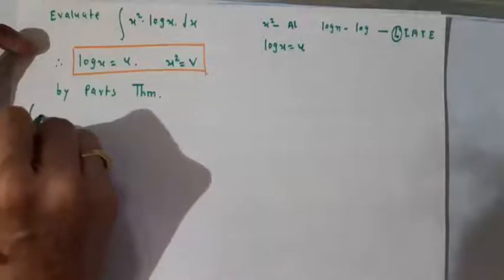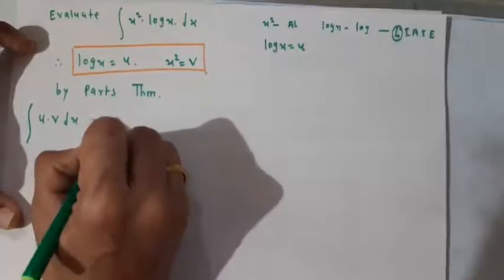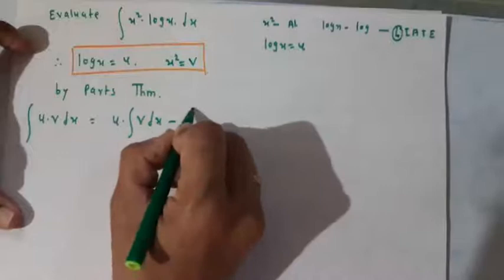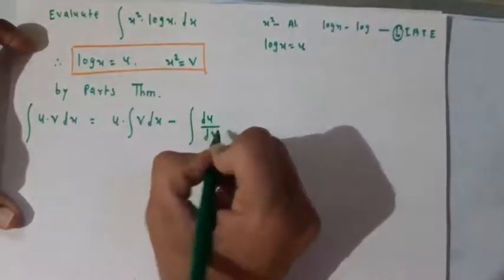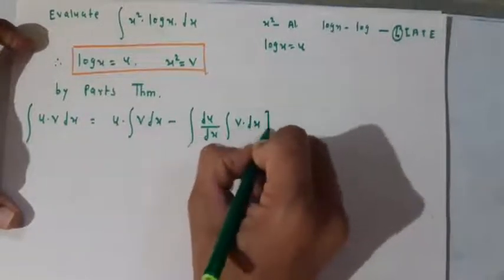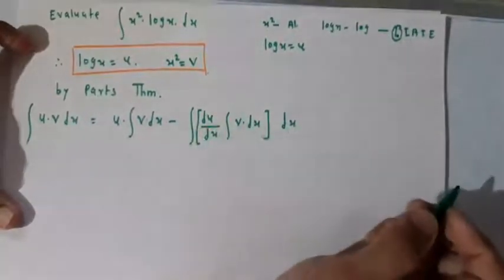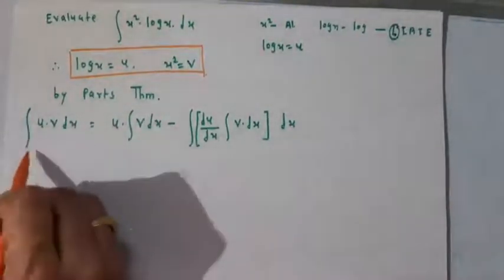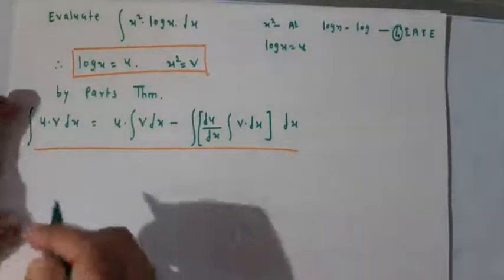The theorem is that integration of u into v with respect to x is u as a constant, integration of v with respect to x, minus integration of differentiation of u with respect to x into integration of v with respect to x, and again whatever is the calculation, take its whole integration in this way. This is the by-parts theorem. So apply the by-parts theorem.